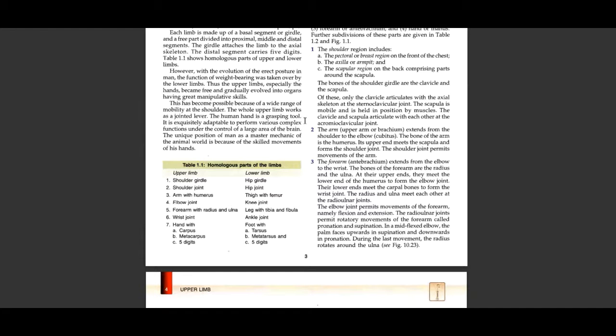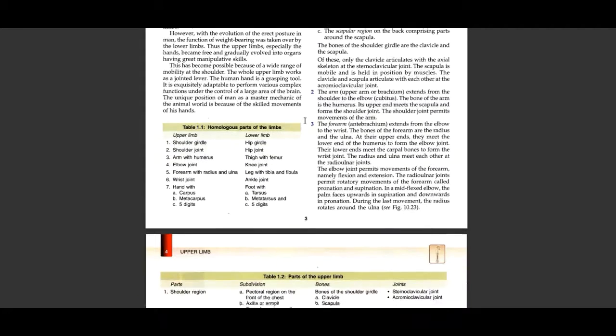The bones of the shoulder girdle are the clavicle and scapula.